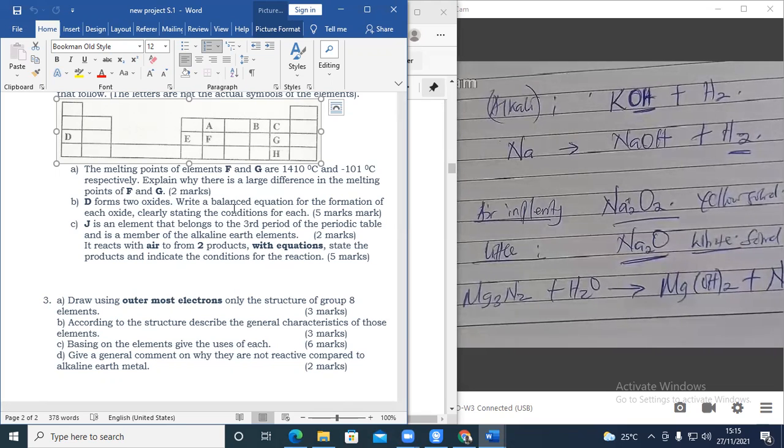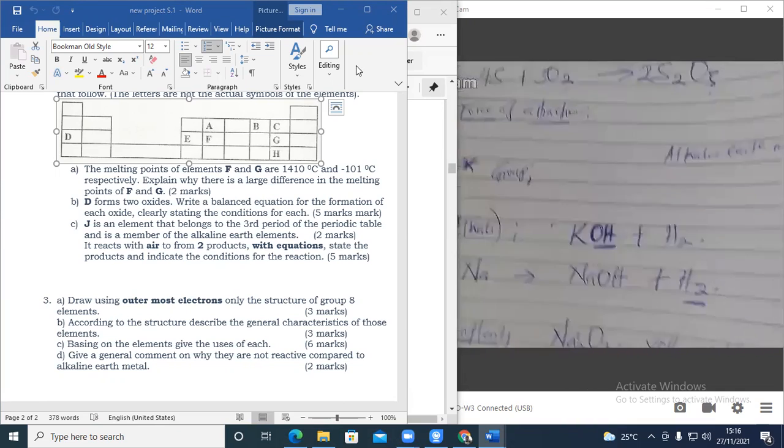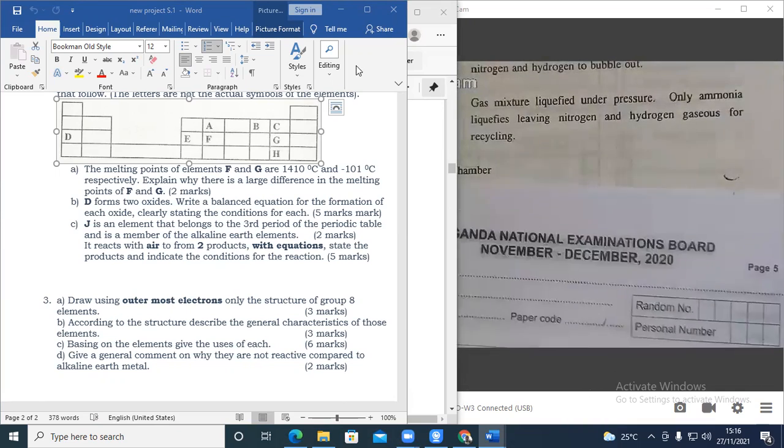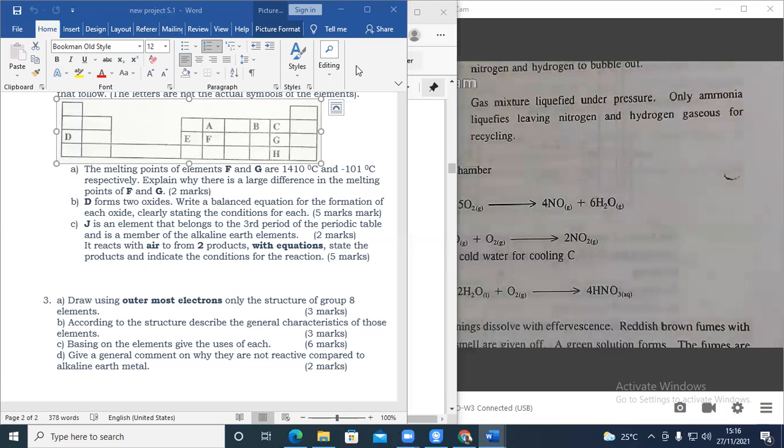So somebody who looked at noble gases, you can discuss with us noble gases, group 8 elements. Did you look at them? Yes. Good. Tell us what you discovered from there.